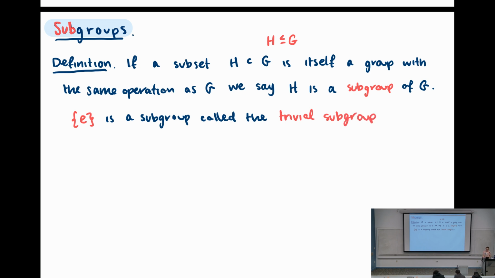And then the group G is also a subgroup of itself. And if H is not equal to G, then you'd say that H is a proper subgroup.